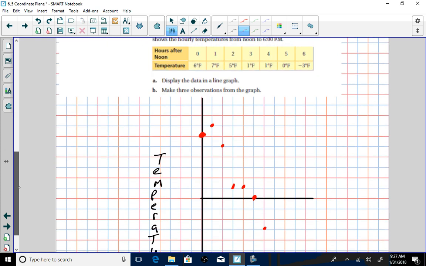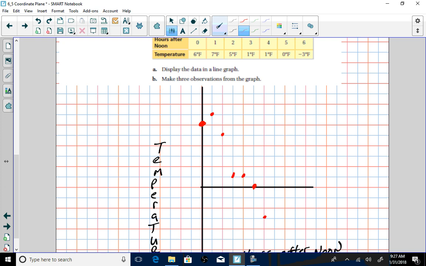And then we're asked to make a line graph. So we have to connect these with lines. So let's see if I can do that neatly. I'm going to go from here to here, here to here, here to here, here, here, and here. So that's part A done. We've displayed the data.